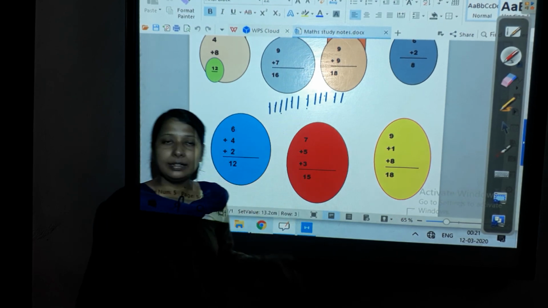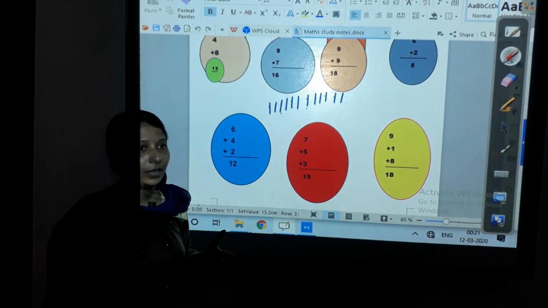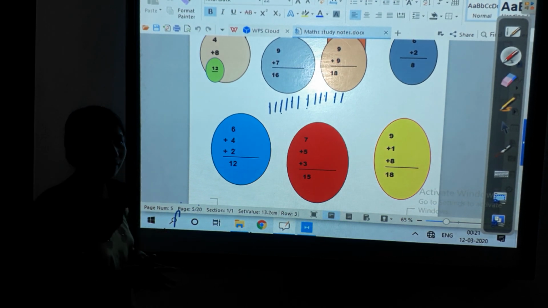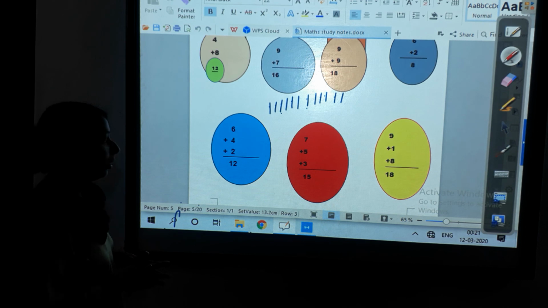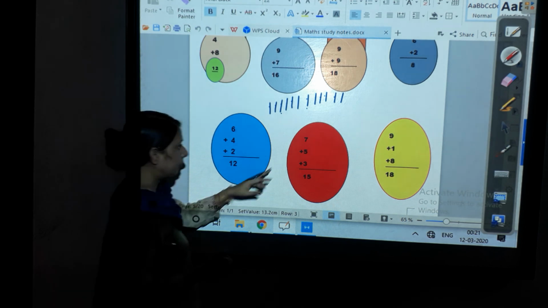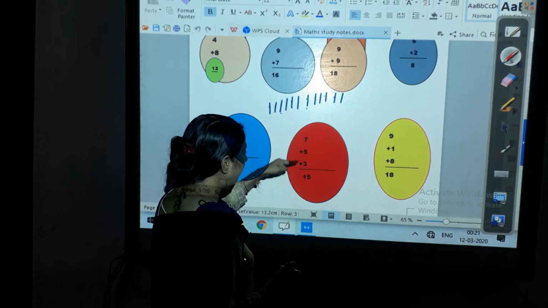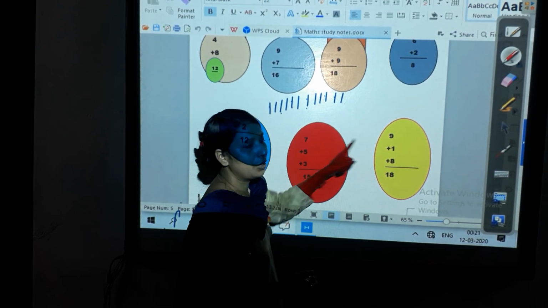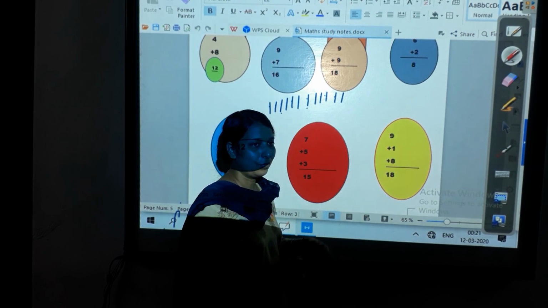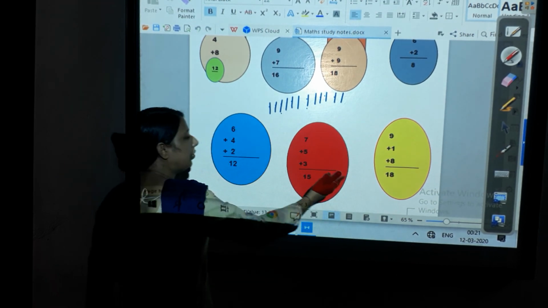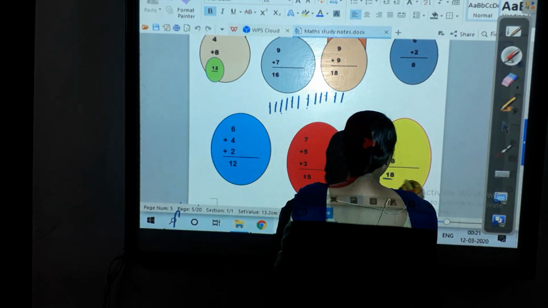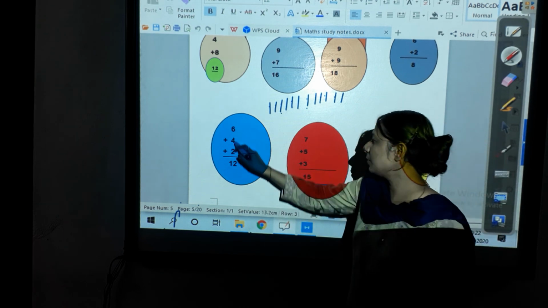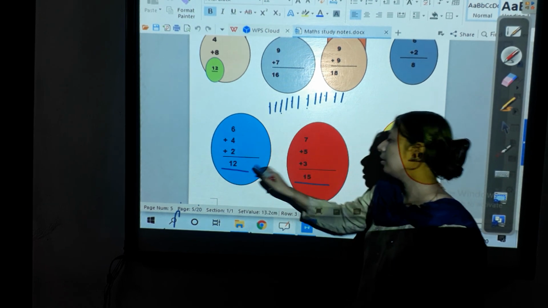We know very well that 9 plus 1 is equal to 10, and 10 plus 8 is equal to 18. 7 plus 5 plus 3 is equal to 15. 6 plus 4 is equal to 10, plus 2 is equal to 12.